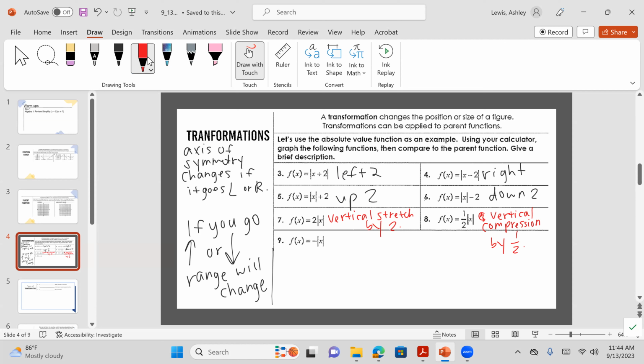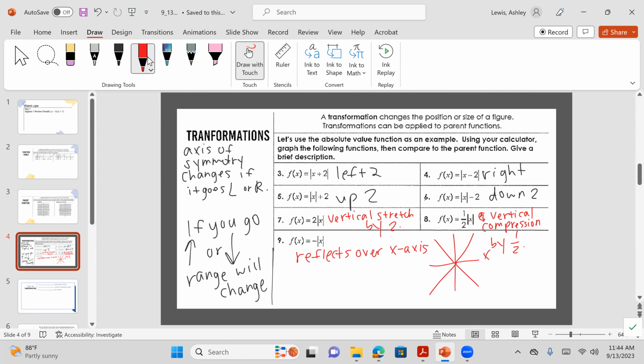Okay? All right. And then for number 9, we're going to call this a reflection. So this reflects over the x-axis. Because remember, it normally looks like this. But if you put a negative in front, it jumps down here.